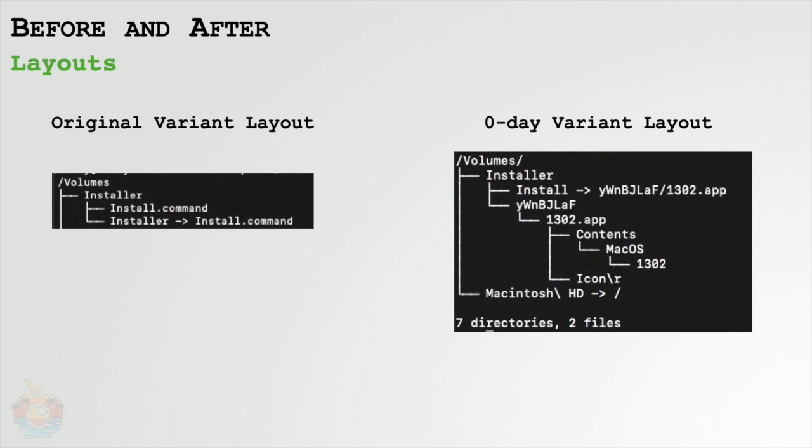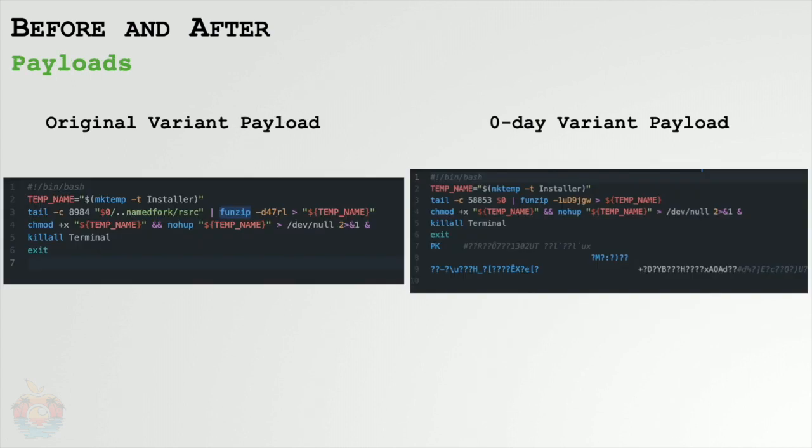When it gets right-clicked and you click open, it just runs a script. On the right side, we see that install now leads to 1302.app as a soft link. 1302.app is the app bundle layout that we expect, where 1302 itself at the bottom is the bash script that is SHLAYER. So it now matches the layout in order to abuse this bypass.